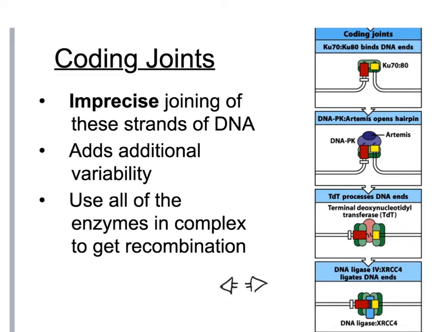Why not just have Artemis floating around all the time, ready to go? You would just cut open DNA indiscriminately at bad places. By linking these two together, this has to bind to the complex, which allows for the phosphorylation that activates Artemis to cut open the little tiny things you can't see.